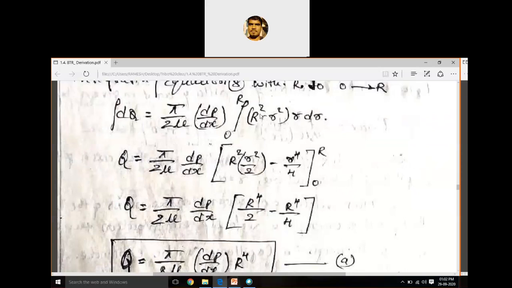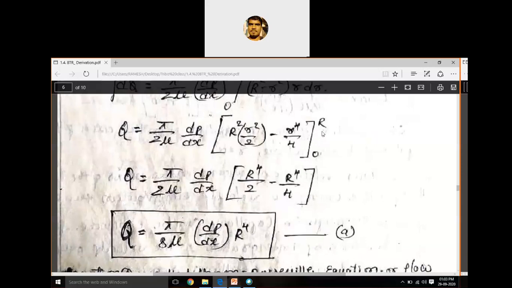If you integrate, R square is constant here, so R square into r. Small r integrates to r square by 2, and here small r square into small r becomes r cube. If you integrate r cube, it becomes r to the power of 4 divided by 4, with limits 0 to R.